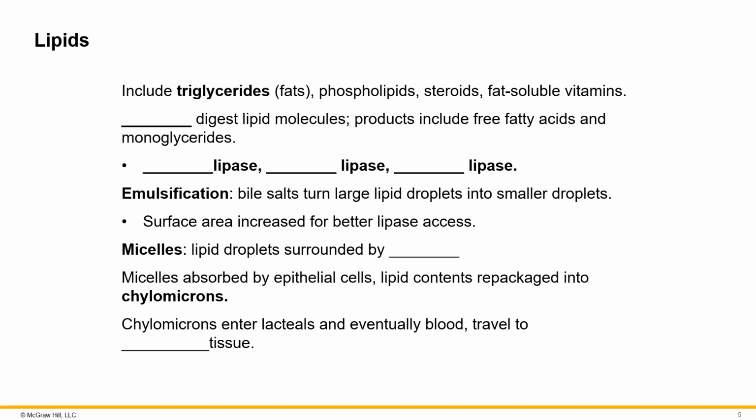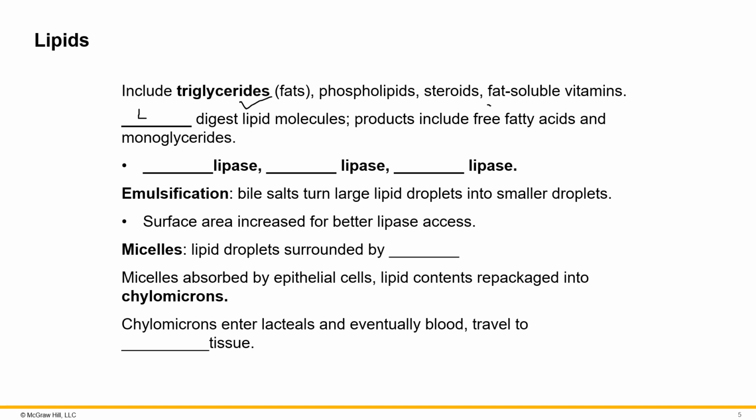The next macromolecule we're going to look at are lipids, which include triglycerides, as we saw a couple of slides ago, as well as certain fat-soluble vitamins and steroids. The enzyme group that digests lipids is lipases. Lipases are enzymes that digest lipid molecules and break them down into fatty acids and monoglycerides.